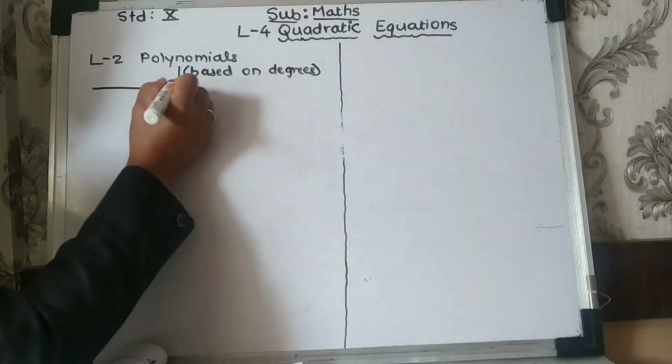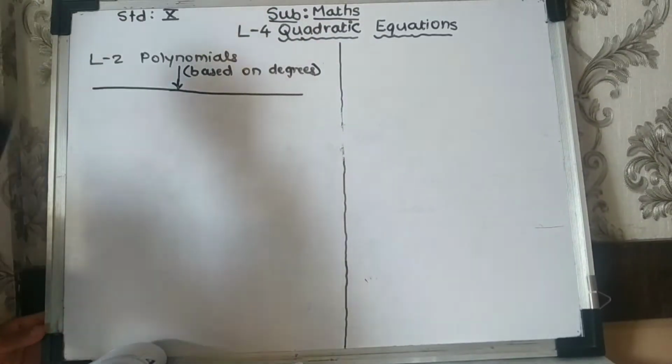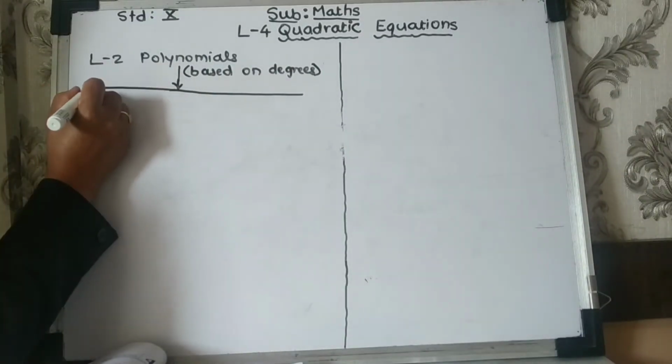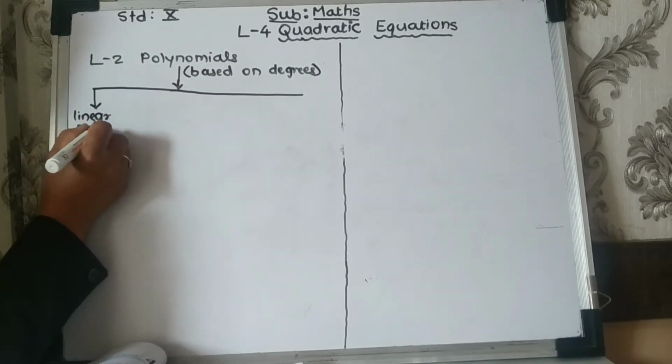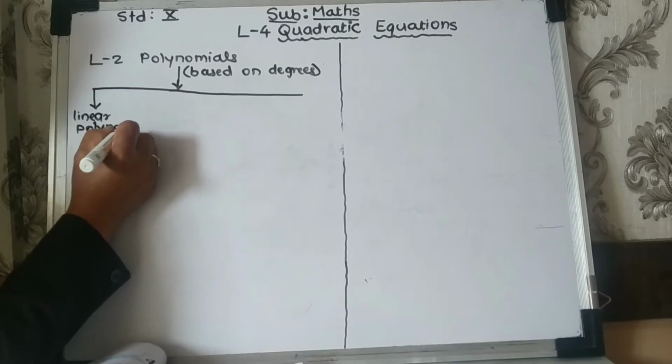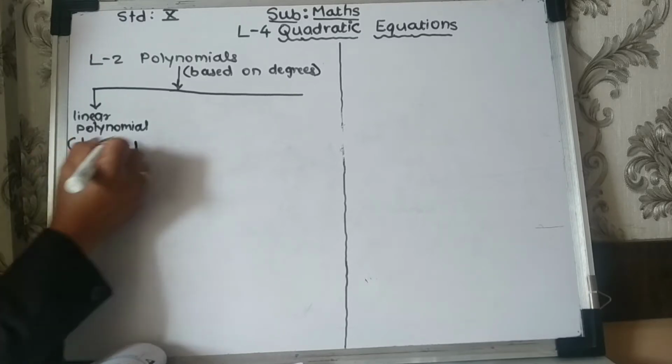the one based on degrees, because the quadratic polynomial comes under that, right? So linear polynomial has degree equal to 1.